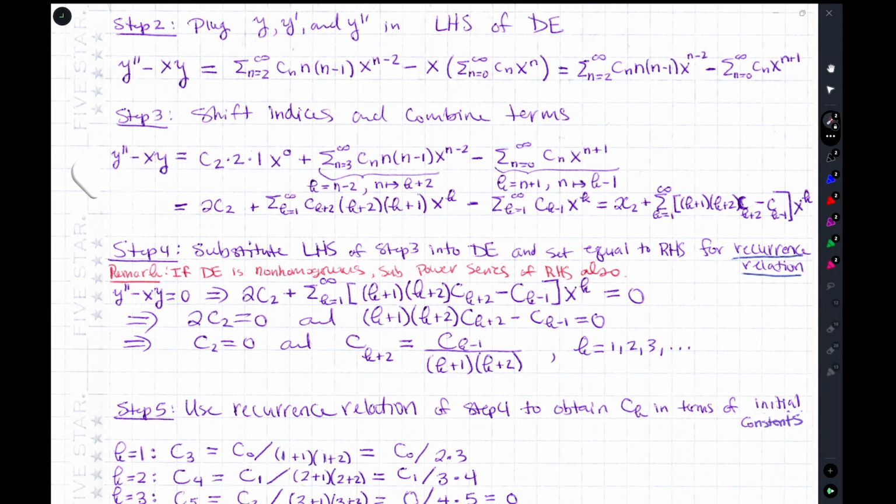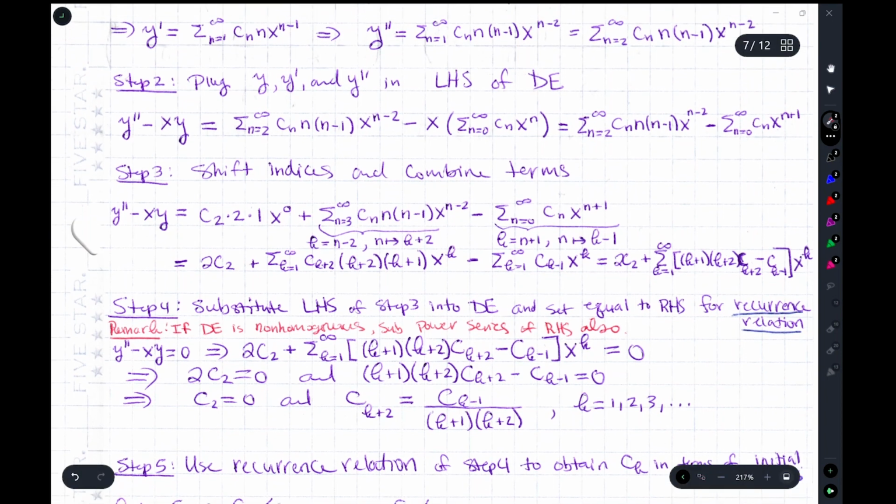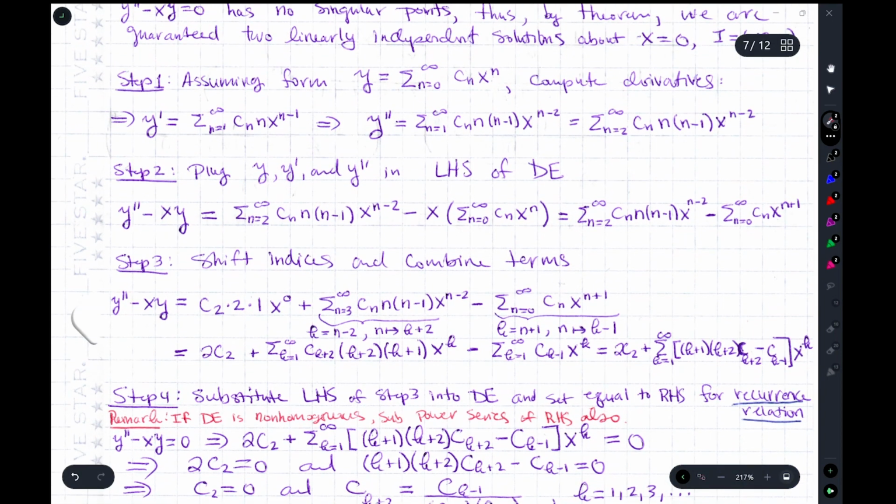Now step four is to substitute the left-hand side of step three into the differential equation and set equal to the right-hand side to obtain a recurrence relation. So this is where the differential equation goes. So far, all we've been doing here is just working on the left-hand side. Of course, the differential equation has a left-hand side and right-hand side.